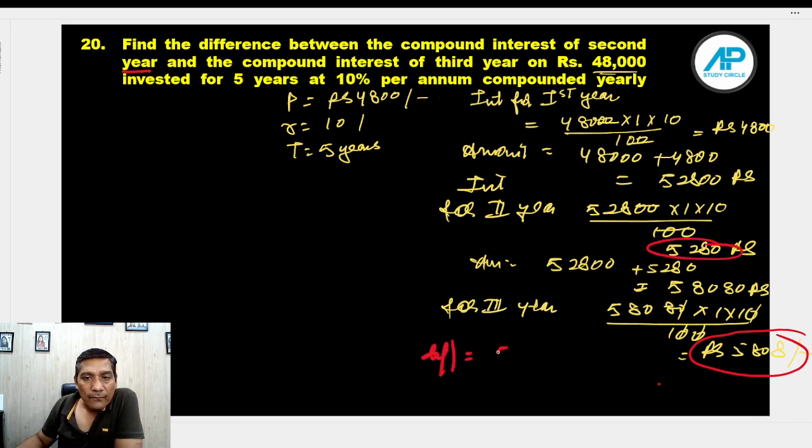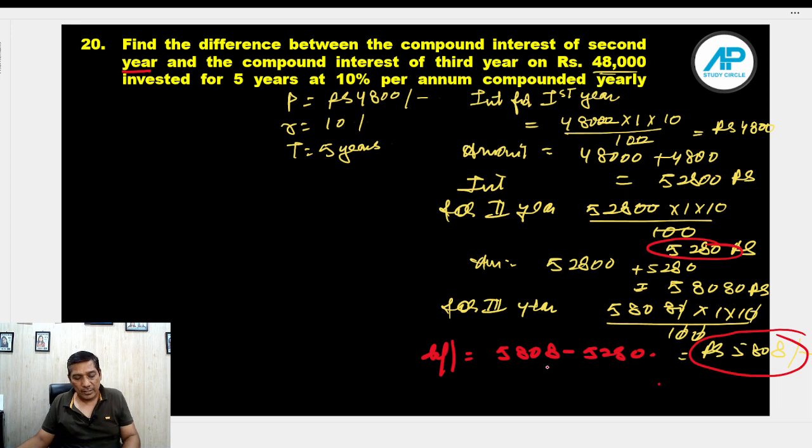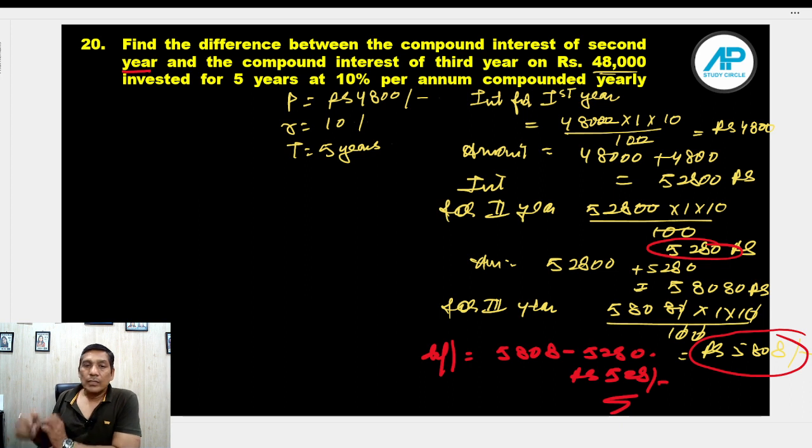Difference: 5808 minus 5280 giving me rupees 528. You got the value for the difference of the interest of the second year and the third year.